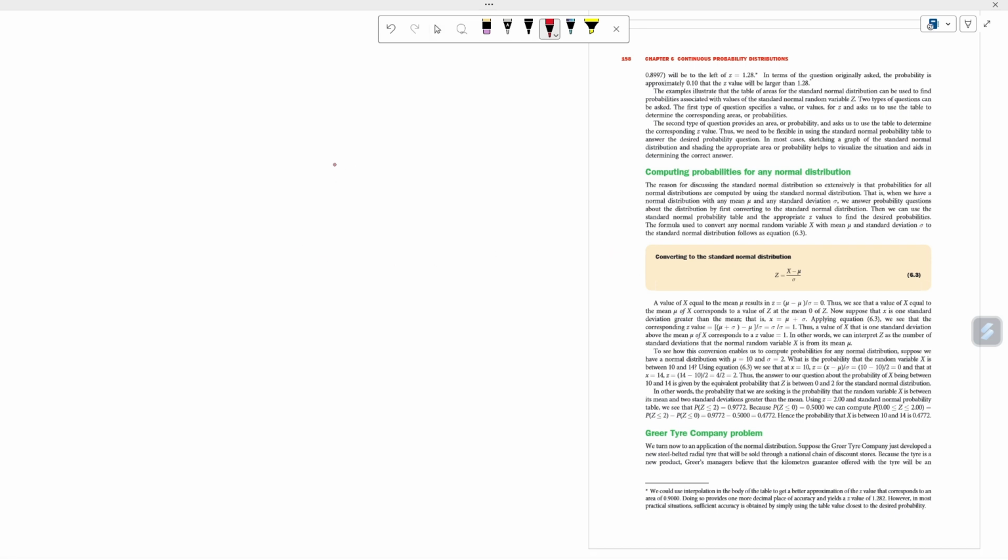Okay. So let's compute the normal probabilities. This is our bell-shaped curve.